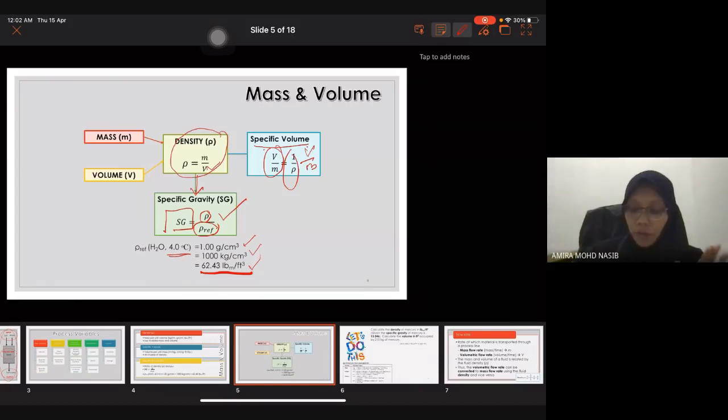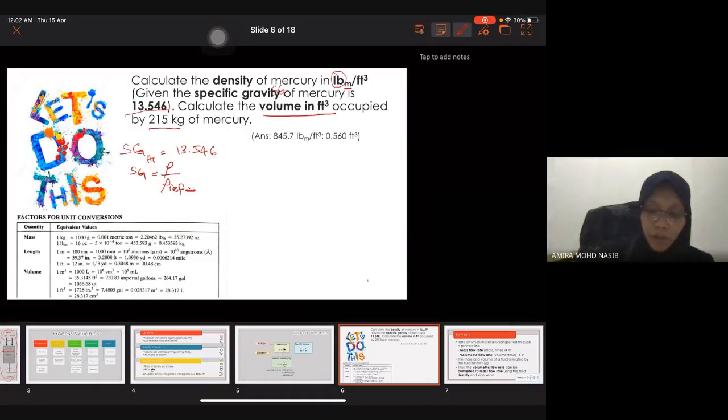So we are going to use that. This one is 62.43, and this one is 13.546 as given in the question. So what is the density of mercury then?